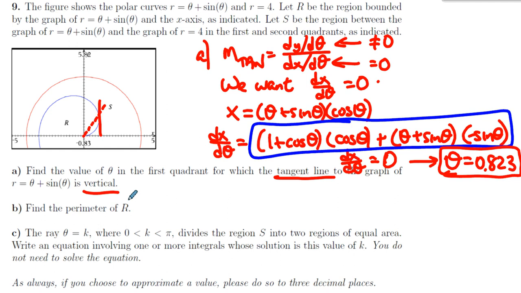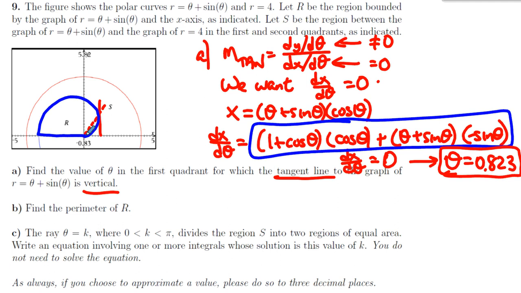Okay, so now we're looking for the perimeter of R. R is the region bounded by the graph of r equals theta plus sine theta and the x-axis. So R is this region.